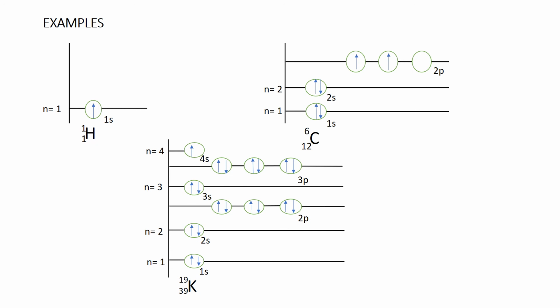Now again, if you're not sure if your answer is correct, you can always check your valence electrons. The outermost energy level here is the 4th energy level, and we only have 1 electron in the 4s orbital.